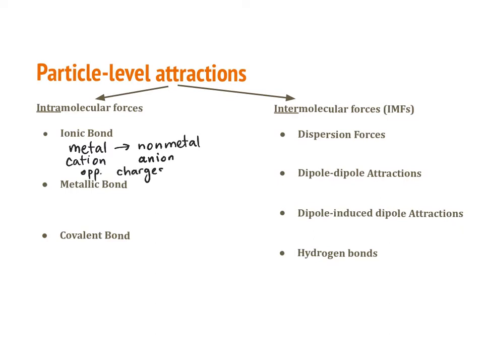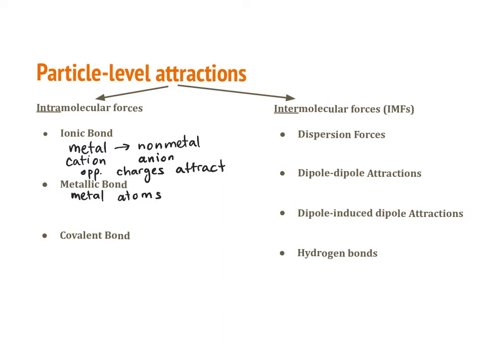We've also talked about metallic bonds. In a metallic bond, you have metal atoms. It could be the same metal atoms, or a couple different types of atoms. But because all metals have a weak hold on their valence electrons, the valence electrons are held together by this kind of sharing of electrons. It's sometimes referred to as a sea of electrons.